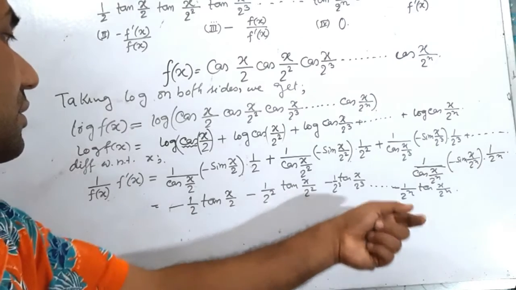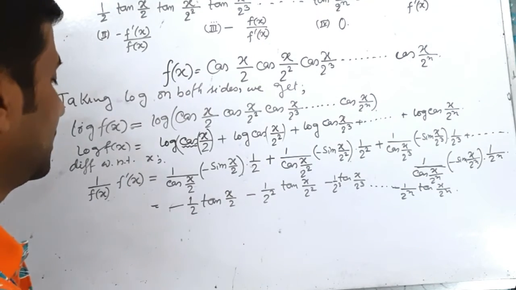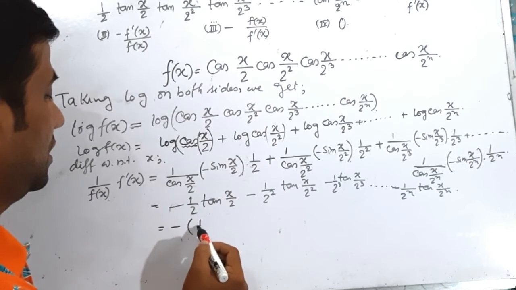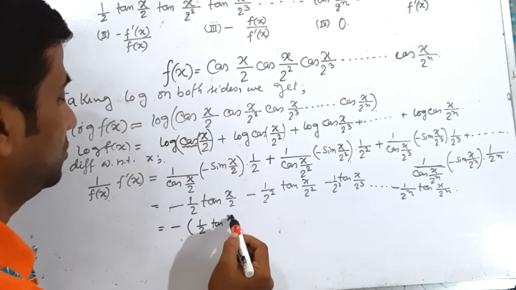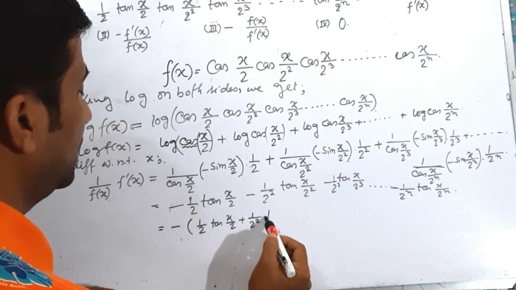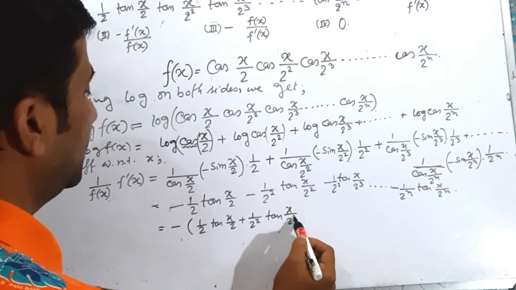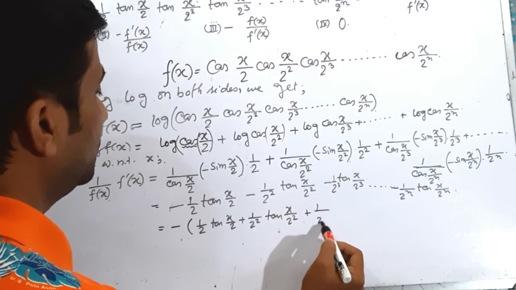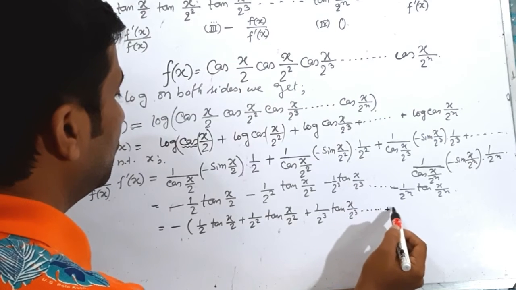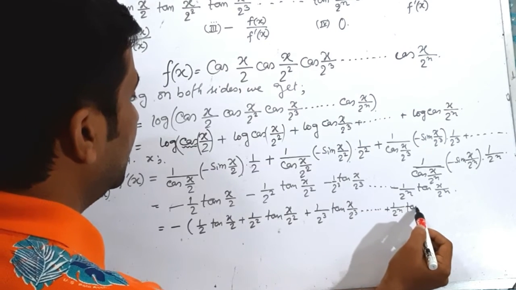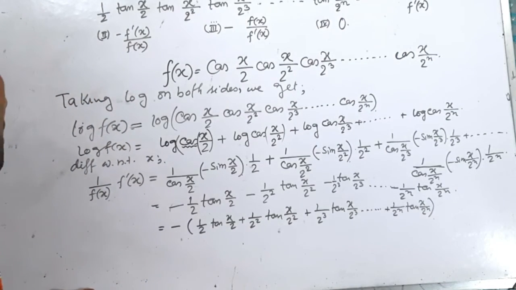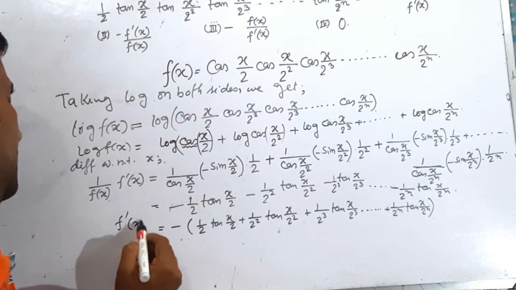Now taking minus as common, we get minus [half tan(x/2) plus 1 by 2² tan(x/2²) plus 1 by 2³ tan(x/2³) plus ... 1 by 2ⁿ tan(x/2ⁿ)]. So this is equal to f'(x) by f(x).